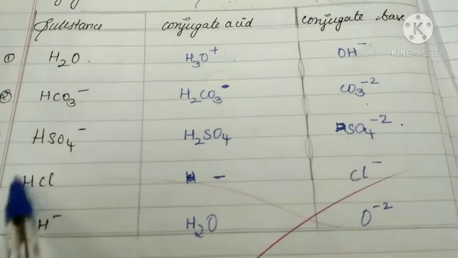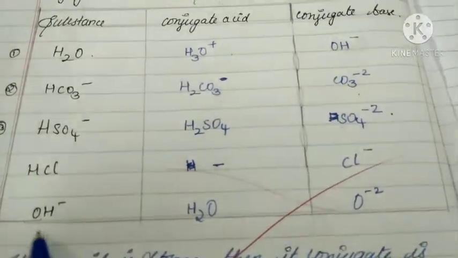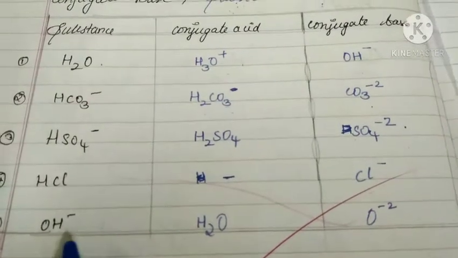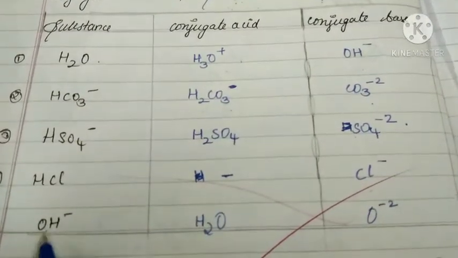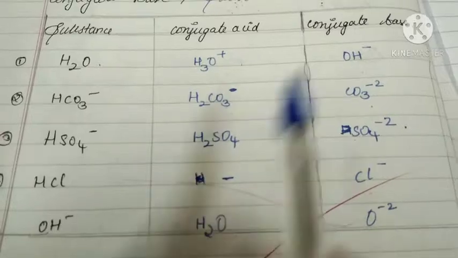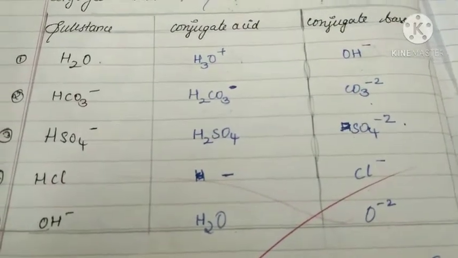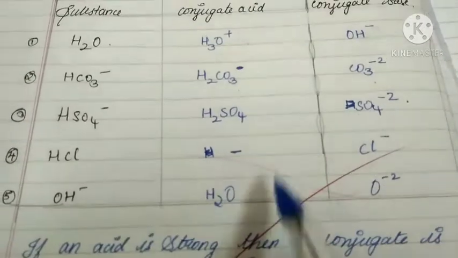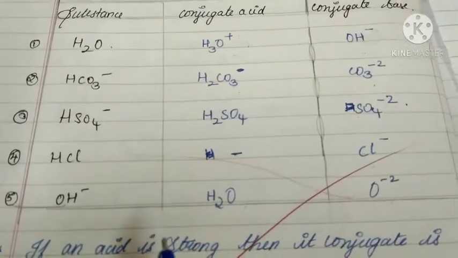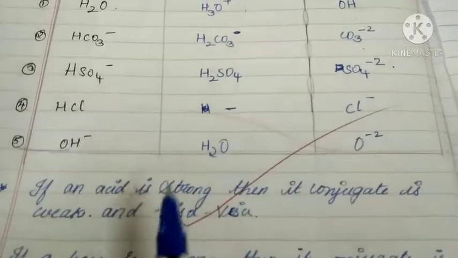But the conjugate base: we have to remove H plus, then it becomes Cl minus. Next, OH minus. For OH minus, what is the conjugate acid? We have to add H plus, then OH minus becomes H2O. Then the conjugate base: we have to remove one H plus, then OH minus becomes O 2 minus. So these are examples for conjugate acids and conjugate bases for a given substance.